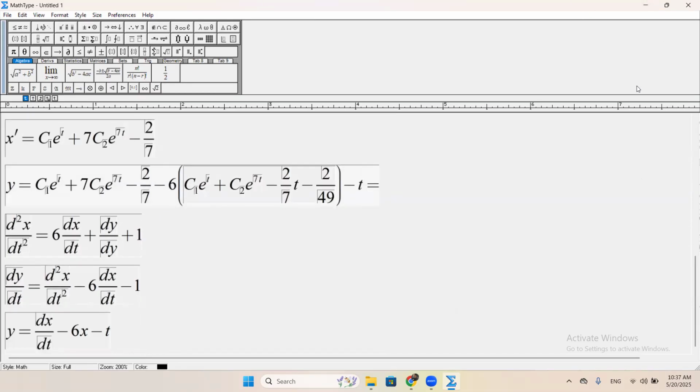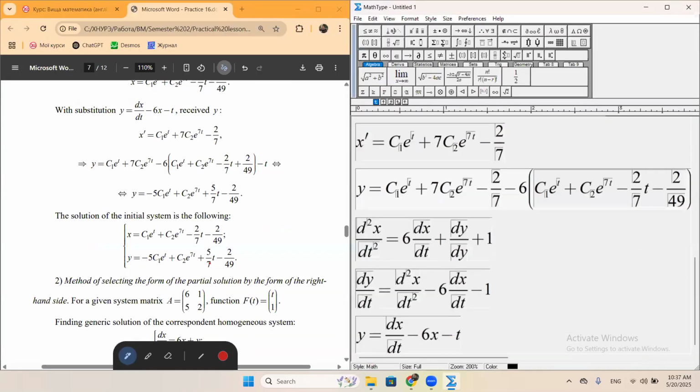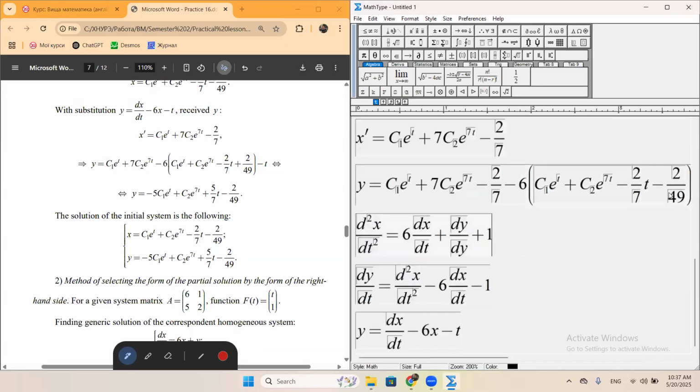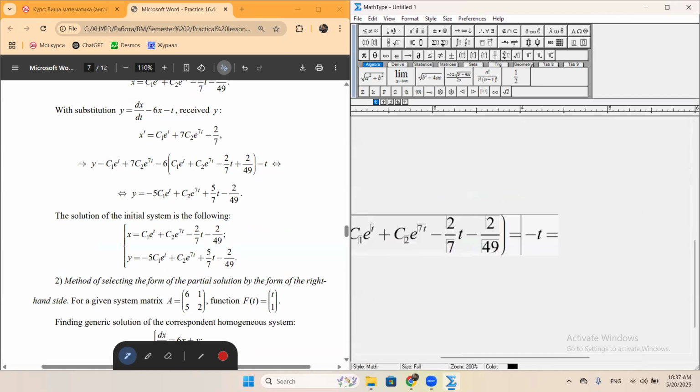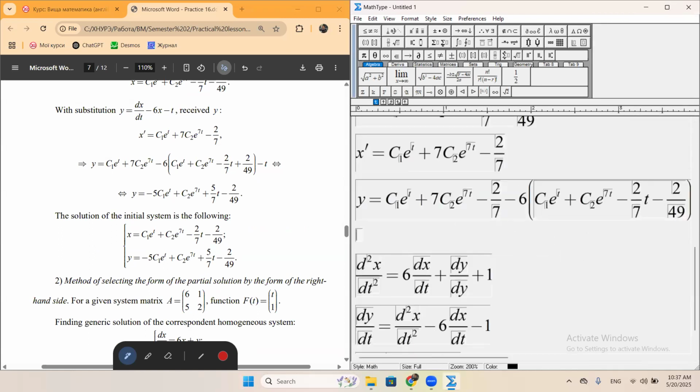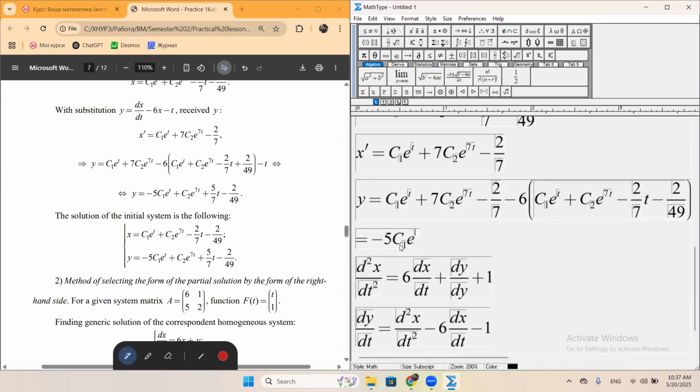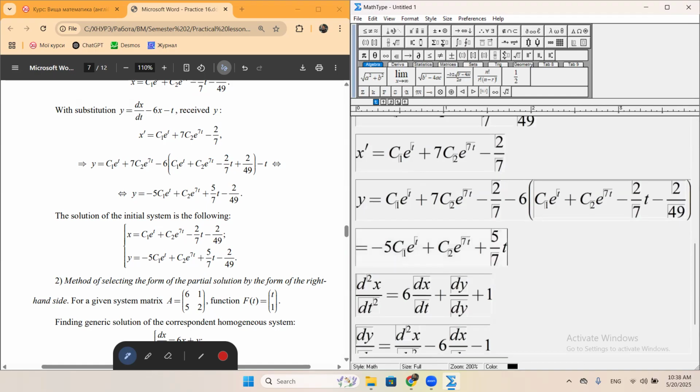And if I expand brackets here, so the derivative is correct. So it will be equal minus 5c1 e in power of t plus c2 e in power of 7t plus 5 over 7 t minus 2 over 49.